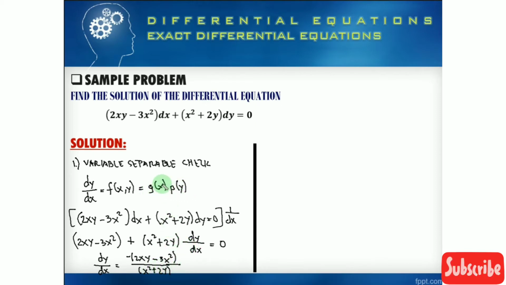Okay, so can we use this form with regards to the standard form here? We just try if this will comply with the standard form. dy over dx is equal to, we will have this negative.